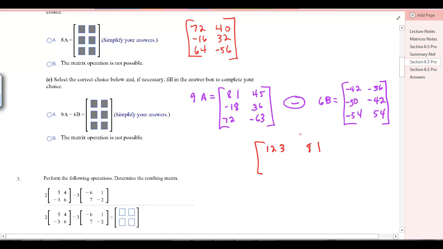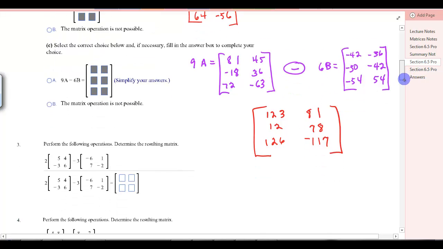All right, and then we have a 12, 12, 78, 126, and a -117. Okay, and so you're just subtracting this, subtract that, that minus that, that minus that, etc., all the way down, and that would get your answer.